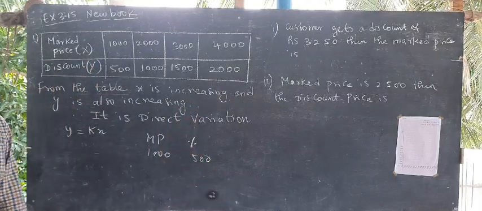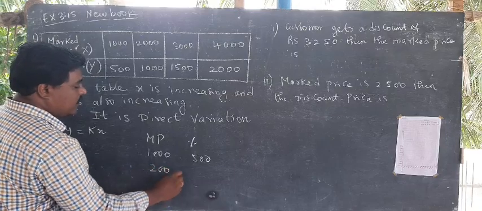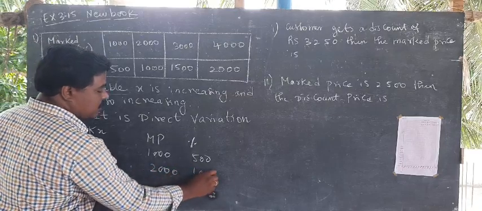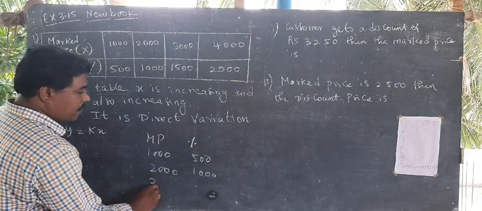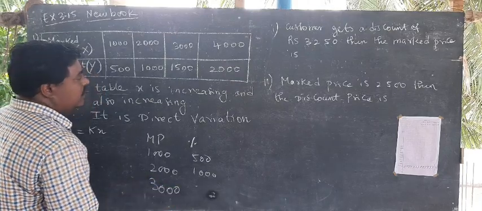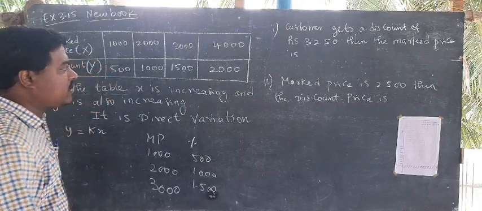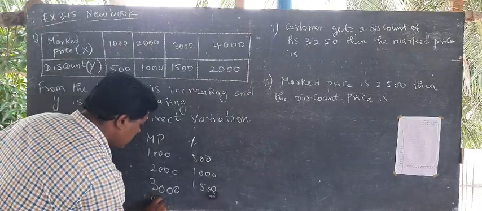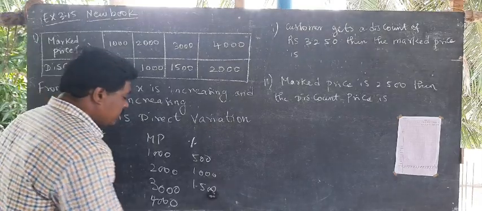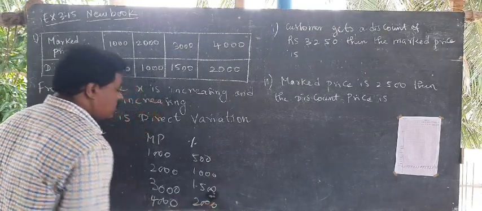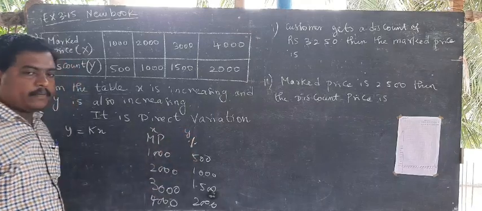Market price 2000, discount is 1000. Market price 3000, discount is 1500. Market price is 4000, discount is 2000. This is X, this is Y.